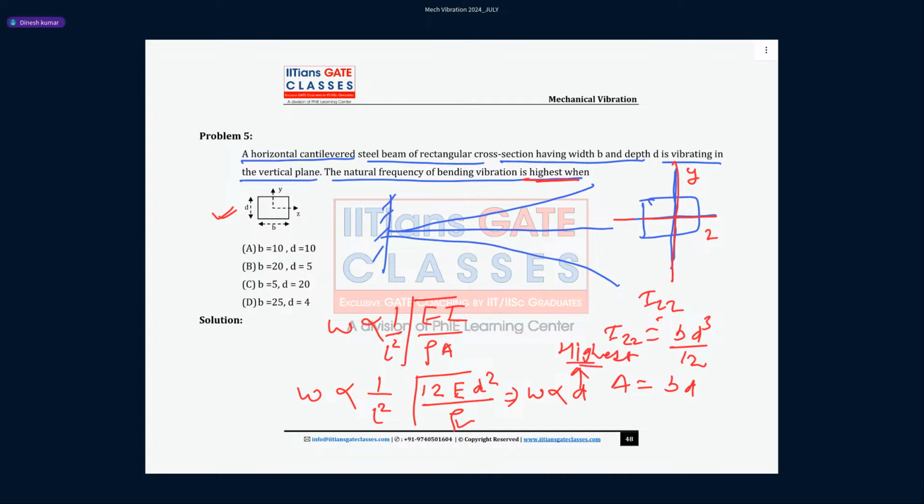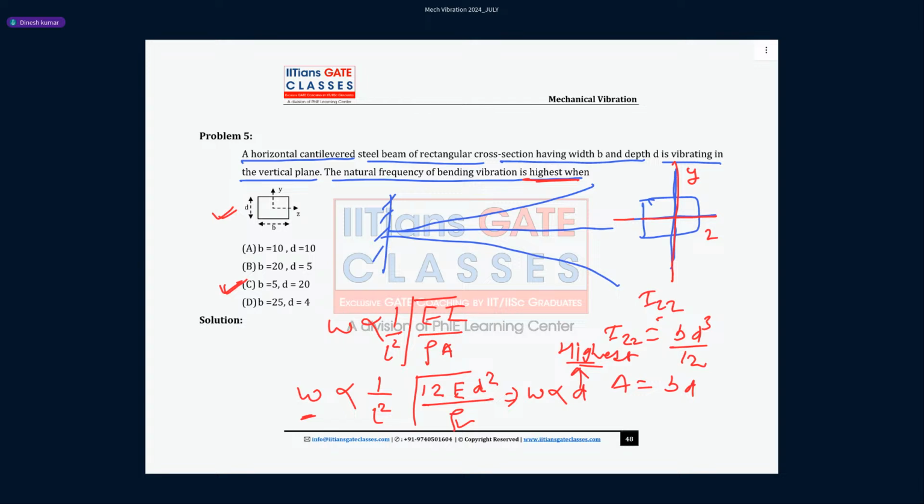So for which case is D highest? Among all four options, which is the case where D is highest? Because your omega doesn't depend on B, it depends only on D. So which case? C is the correct answer.